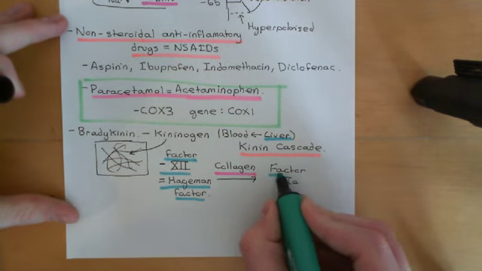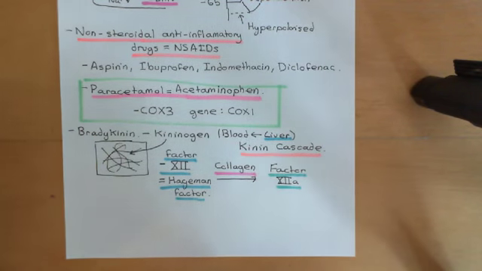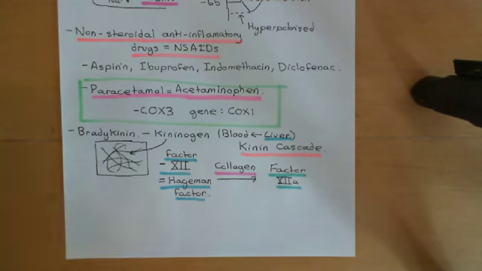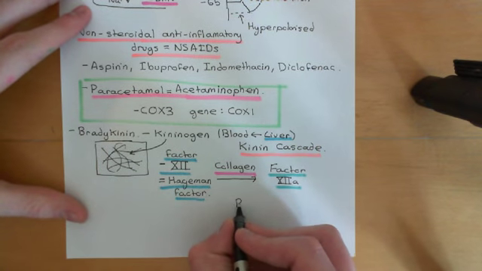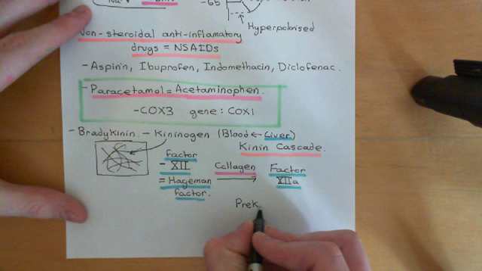So we now have this active enzyme, factor 12a, which has been activated by bashing into a collagen molecule. Now this enzyme can activate another enzyme, which is prekallikrein.